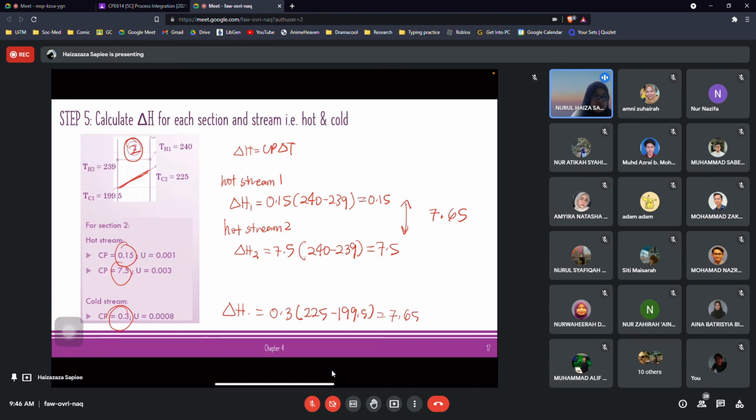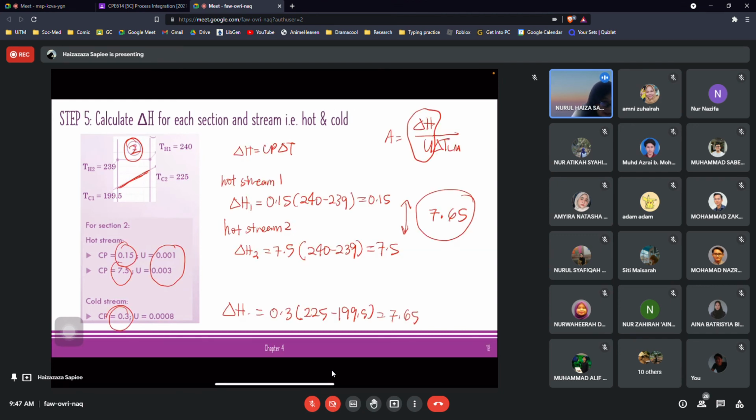Okay. So bila kita dapat buat benda macam tu, we can now calculate your delta H over U. Kenapa? Sebab equation dia area equals to delta H over U divide by your TLM. Kita nak calculate this value. So this value kita akan bahagikan dengan this value. So macam ni kita nak buat.